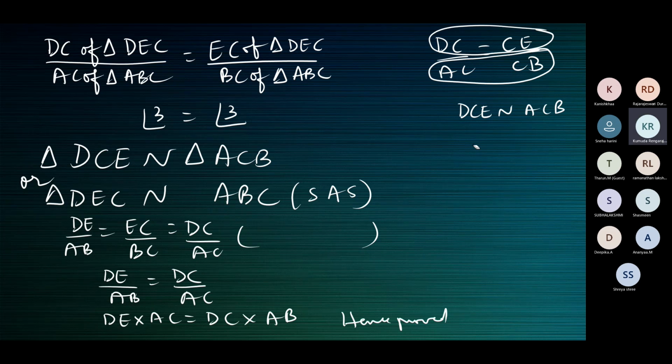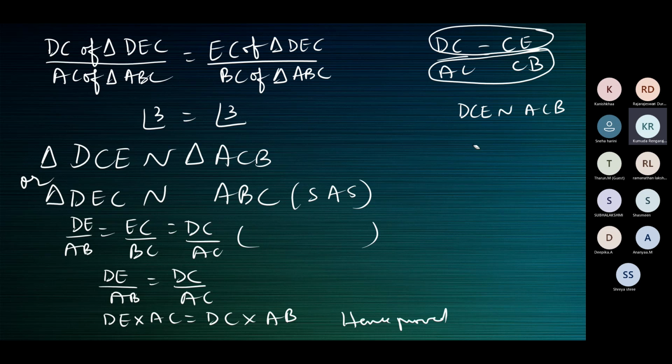So this is how we use SAS. We need to, of course, take up the sides of the triangles which we need to prove are similar. If you call them small and big, the proportion should be like this: any side of the small triangle by any side of the big triangle is equal to some other side of the small triangle by some other side of the big triangle.